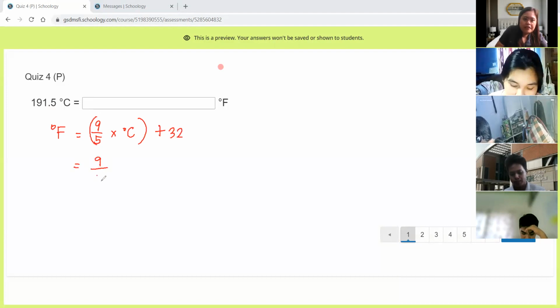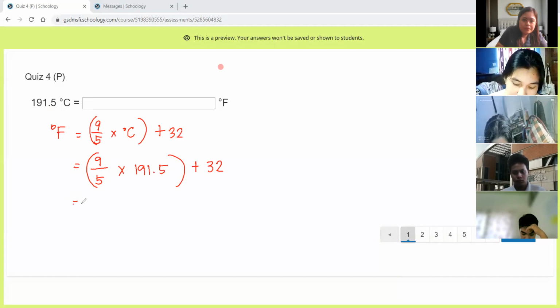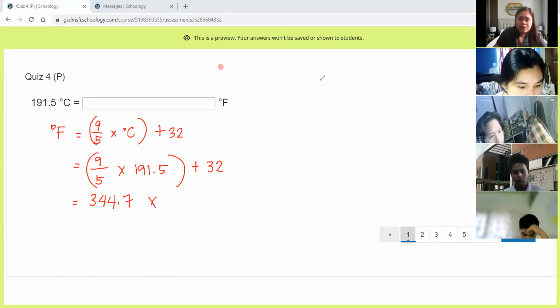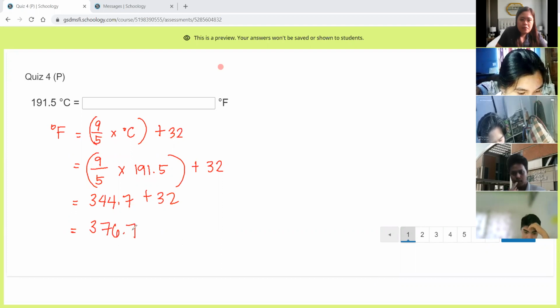So this is 9/5 times the given 191.5 plus 32. 9/5 is 1.8, times 191.5 is 344.7. Plus 32 is 376.7.